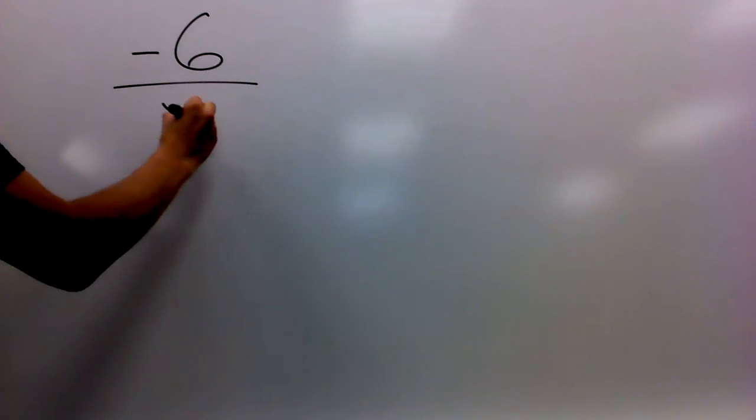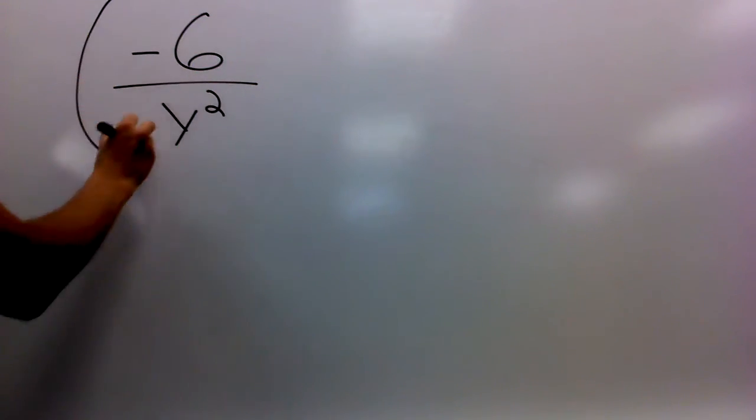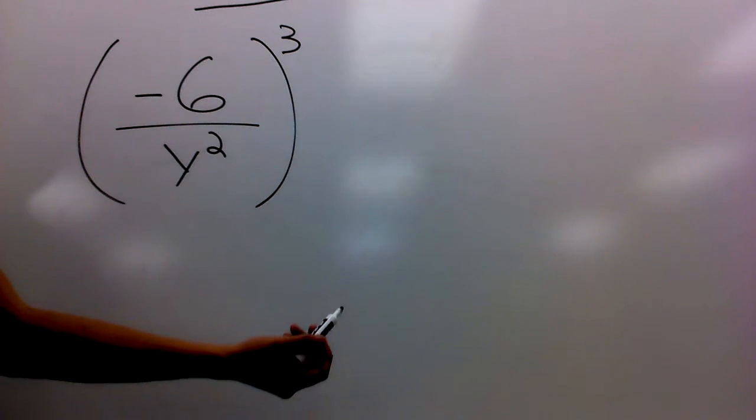Good review. Problem 3, -6 over y squared, all raised to the third. It is not a negative power. I'm not flipping it. This just means I'm going to multiply it by itself 3 times.